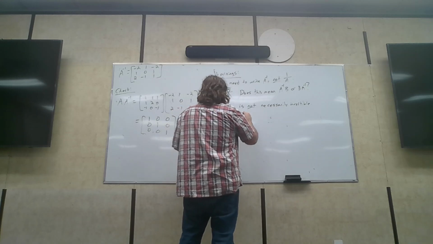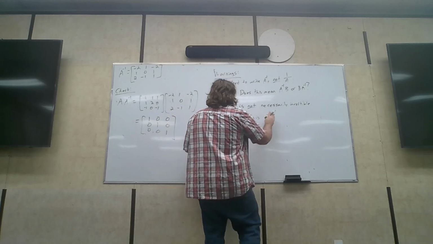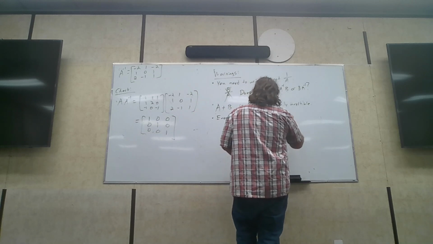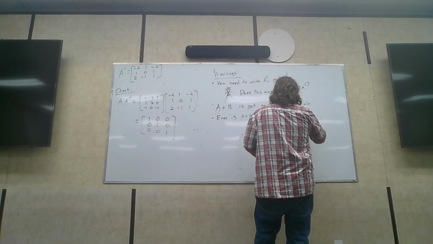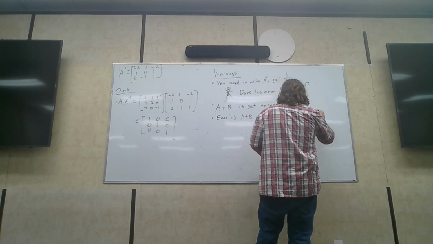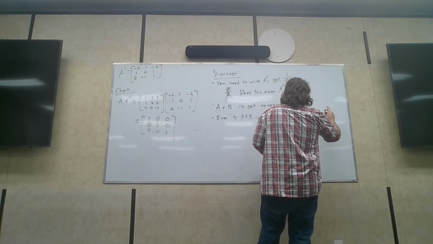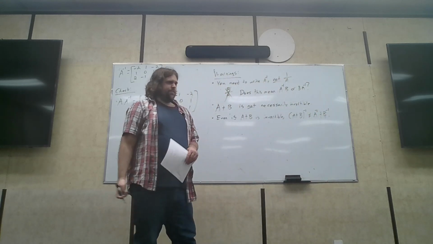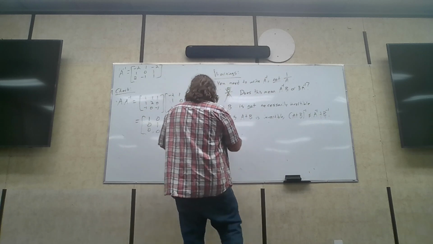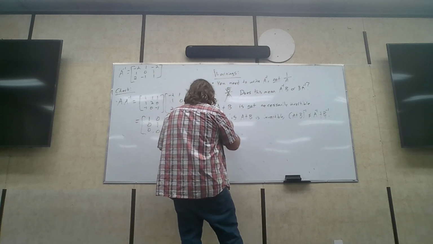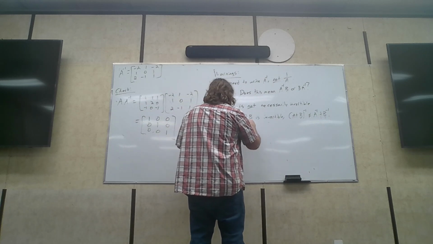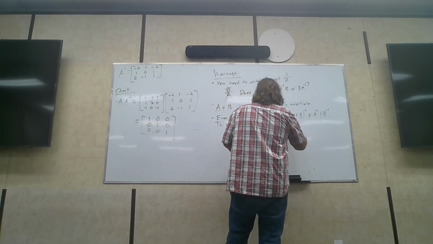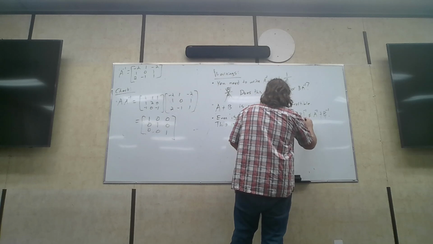Even if A plus B is invertible, (A plus B) inverse is not A inverse plus B inverse. There's no easy way to find the inverse of a sum. This isn't true for numbers either, so we shouldn't expect it to be true here.